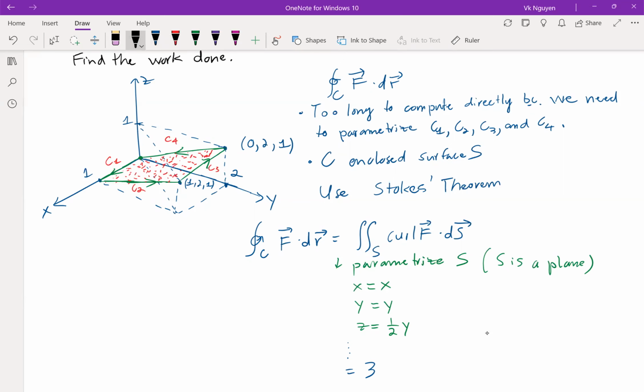Just look at the points and then you see. z is half of y, from the 4 points.